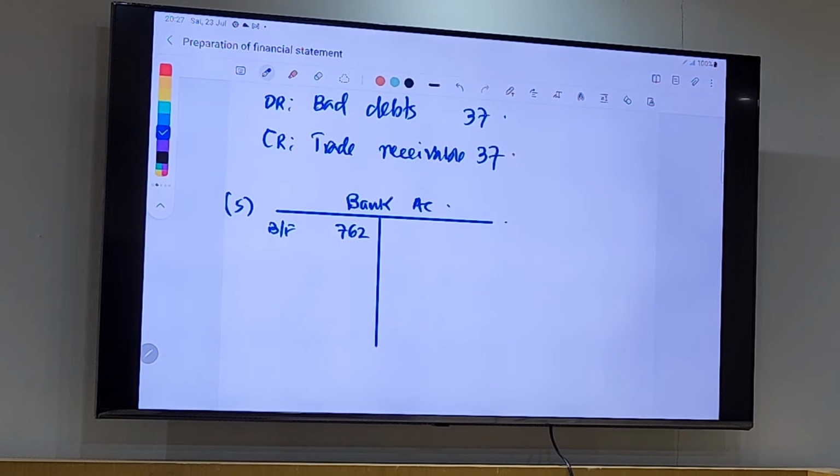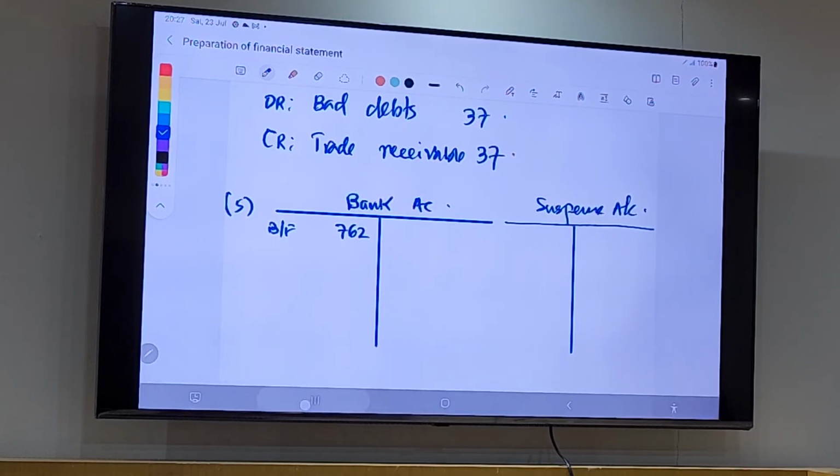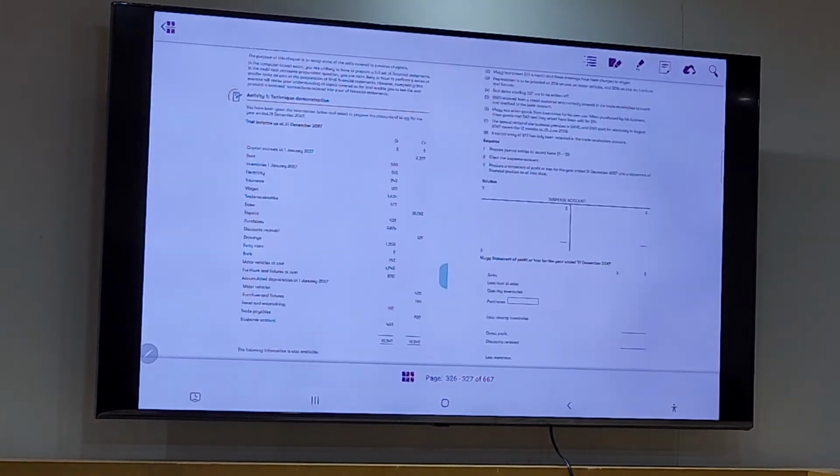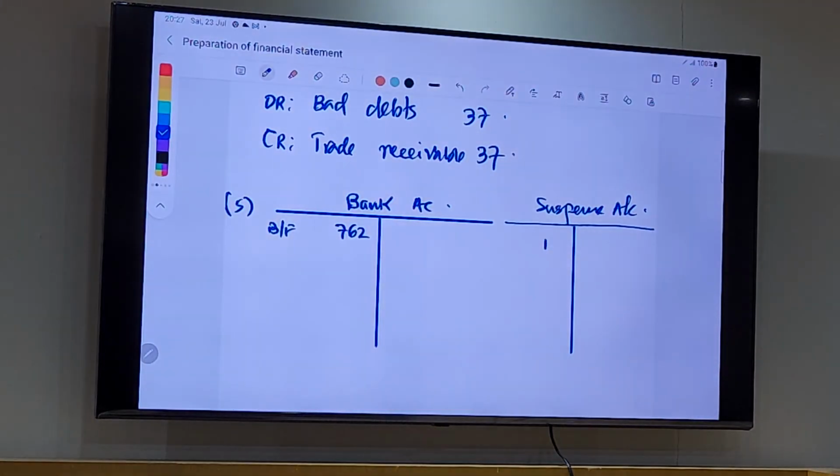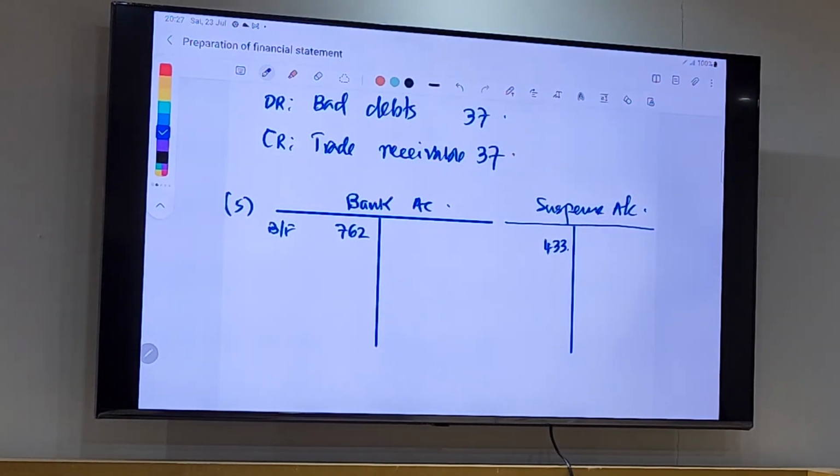So now we open the suspense account. What is the balance there? Debit of 433. So I should debit 360 here, and then credit.